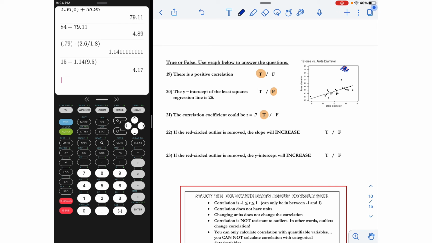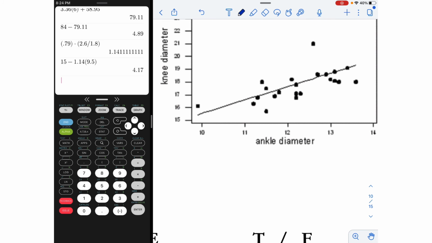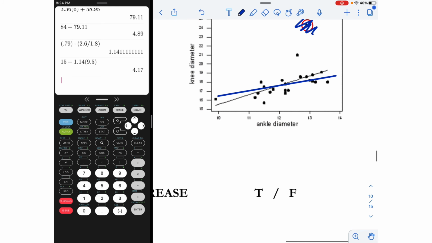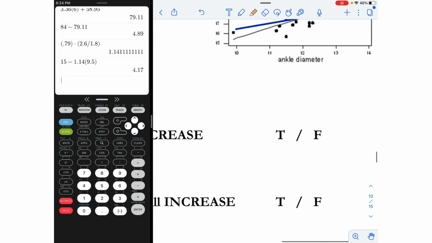I think the slope would decrease and the y-intercept would increase. So I think it would be a little bit more like this. So the blue line is what would happen if we took out that. So the slope would actually decrease.